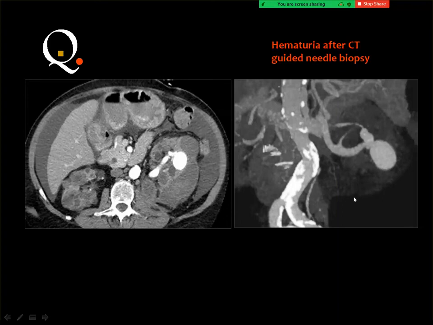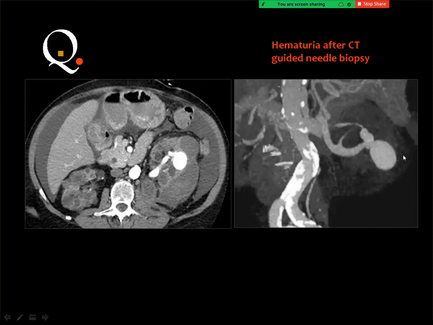Of course, you know that one of the complications of CT-guided biopsy of the kidney is to induce a connection between one of the branches of the renal artery and the renal vein, with the development of arteriovenous fistula and hematuria.